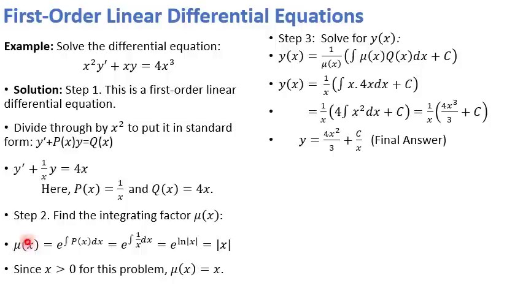The integrating factor mu of x generally equals exponential raised to power integral of P of x dx. Now, substituting 1 all over x for P of x and integrating as appropriate gives us exponential natural log of x.